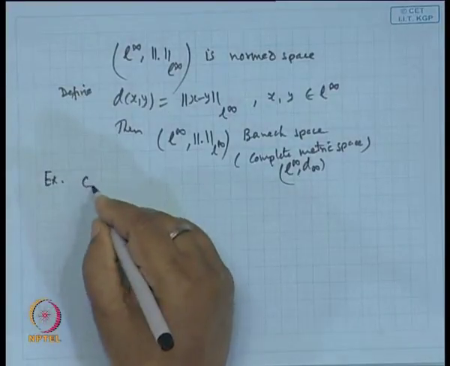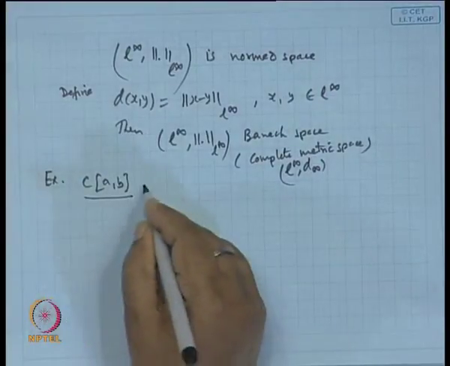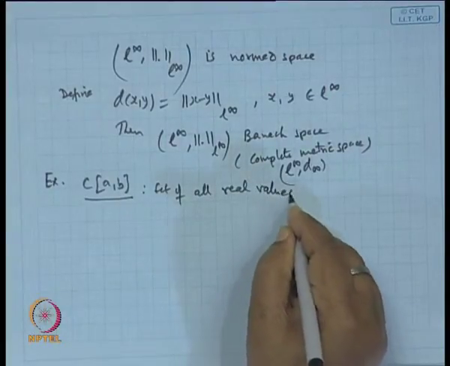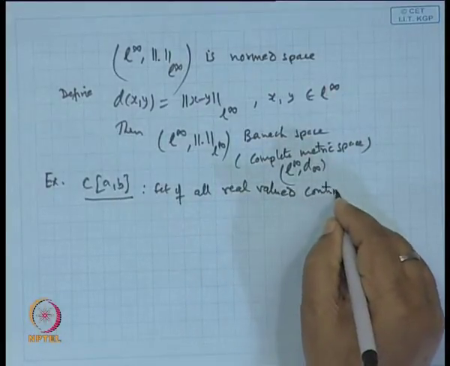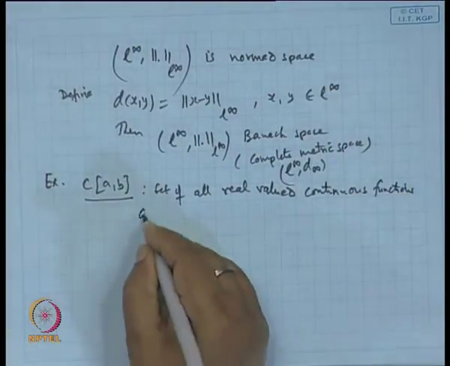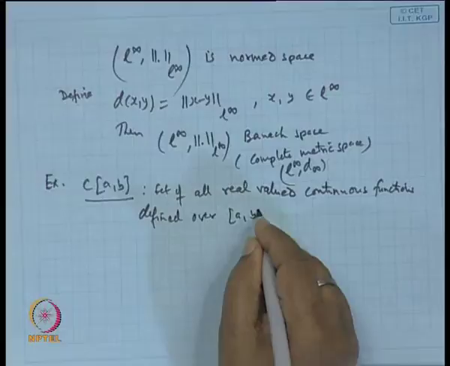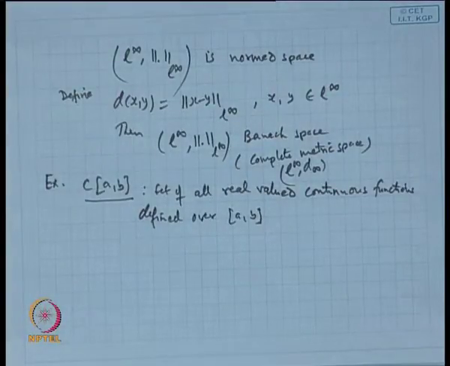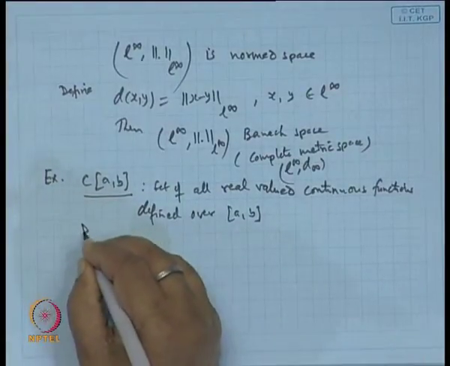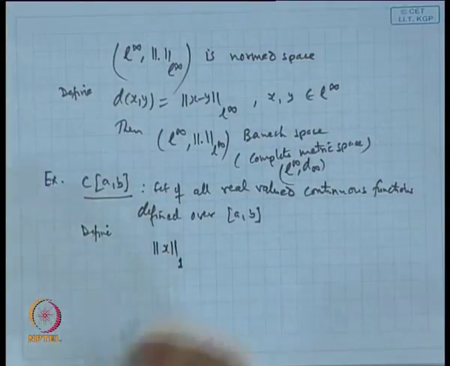Next is C[a,b], the set of all real valued continuous functions defined over the closed interval [a,b], and we introduce the concept of the norm. I am introducing two norms here.